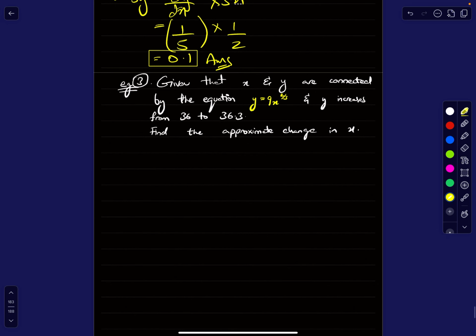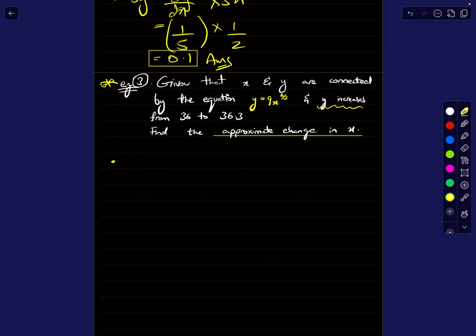Then our last and final example. This is my favorite particularly. We're given that x and y are again related by the equation y is equal to 9x exponent 2 over 3, and this time the concept is that y increases. This is the trick. Since y increases this time, we need to find the approximate change in x. And mind you, y is also the subject.